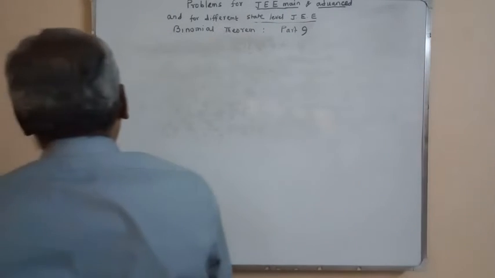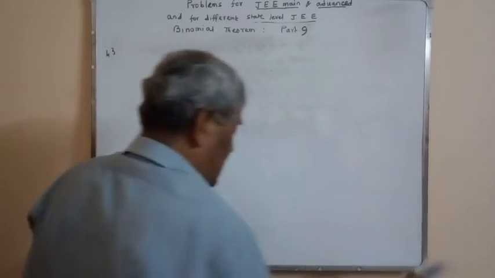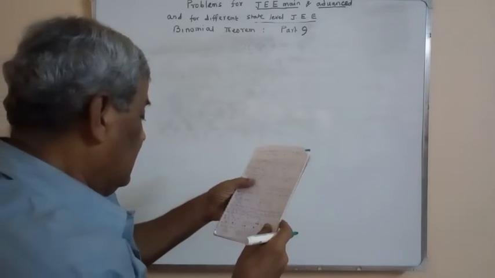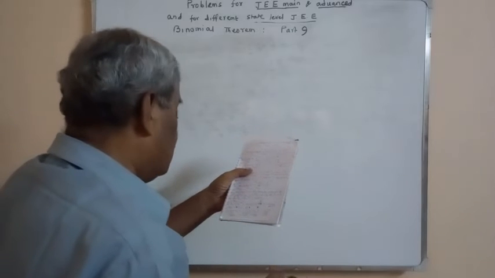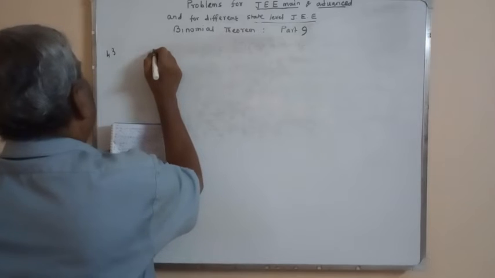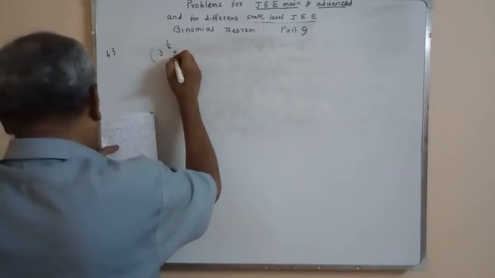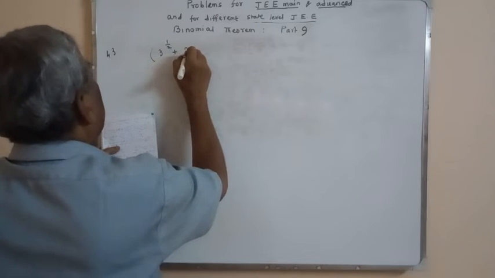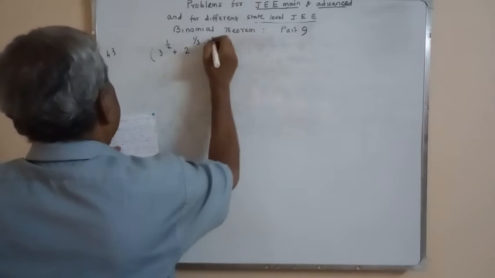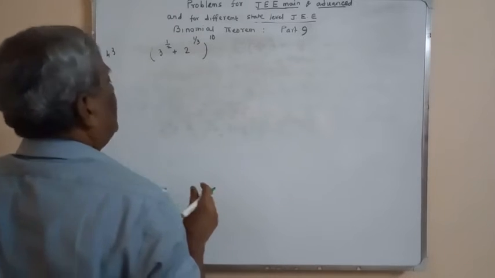Now problem number 43, and the problem is: the sum of terms which are integers in the binomial (3 to the power half plus 2 to the power 1 by 3) whole to the power 10 is.